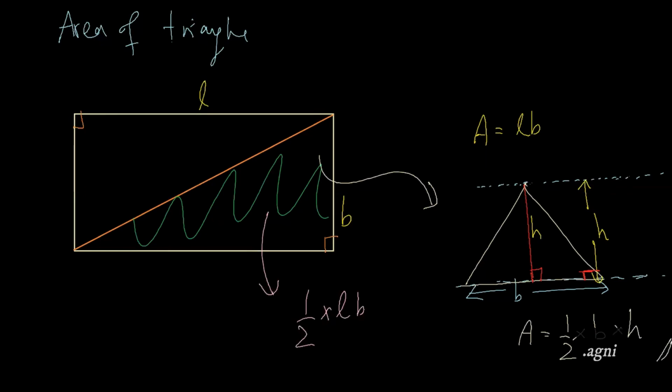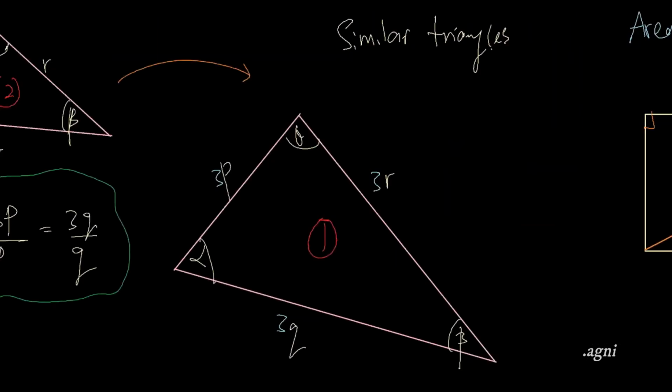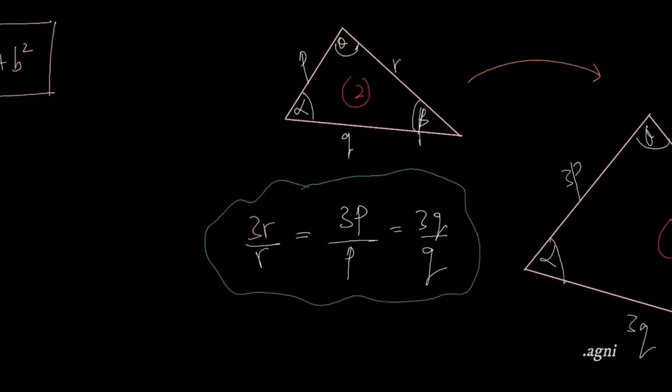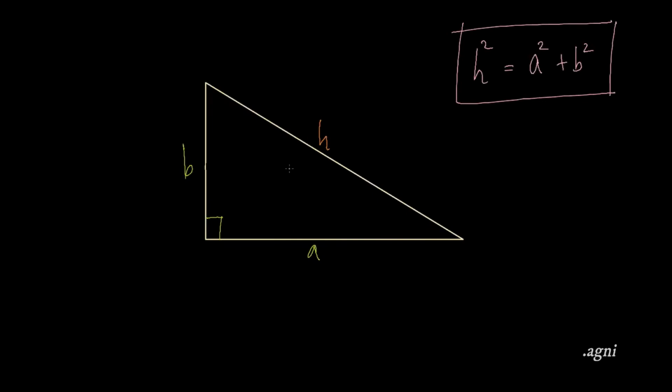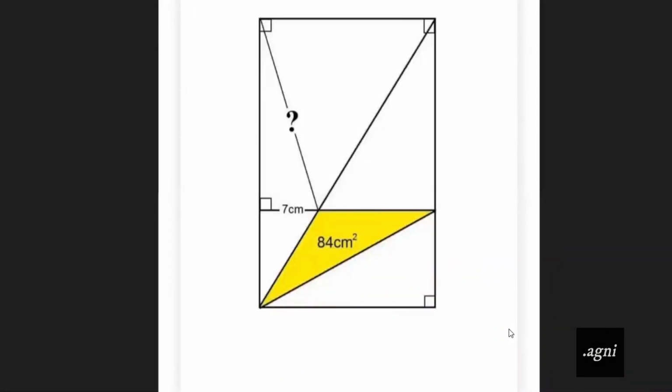That's it. You can use these three theories to try the problem given, right? Area of a triangle, similar triangles, and the Pythagoras theorem. Now, let me just sketch over here.